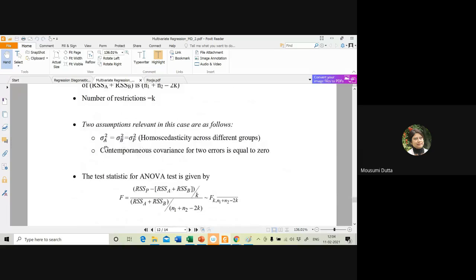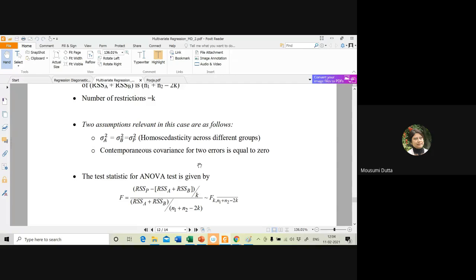So this assumption, sigma A square is equal to sigma B square, is homoscedasticity across different groups. The first test is related to this assumption: test whether there is homoscedasticity across the two periods or not.